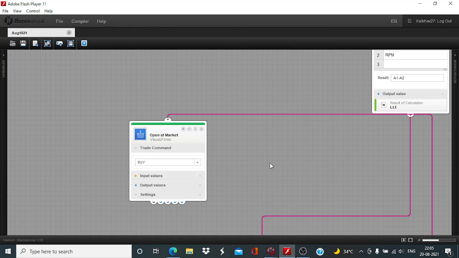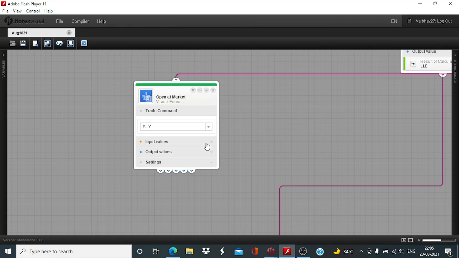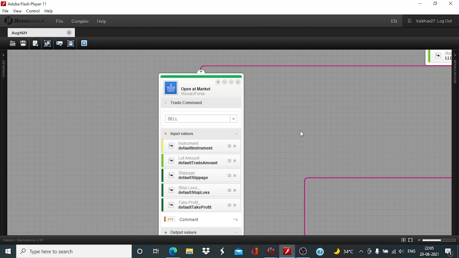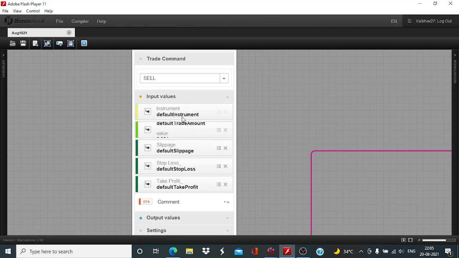Now we have to define the input parameters for this trade command block. This is going to be a sale order. Default instrument remains as it is. Trade amount I will change to 0.1 million. Slippage is going to be 2 pips.